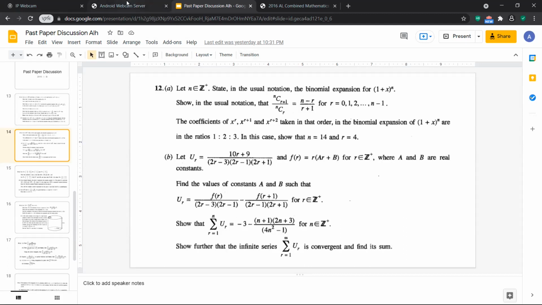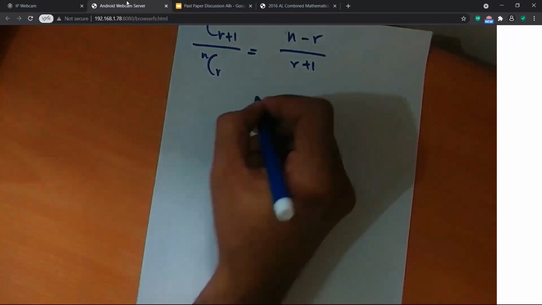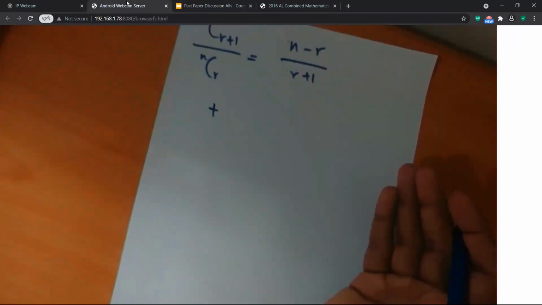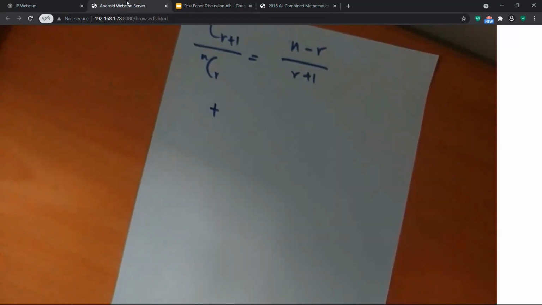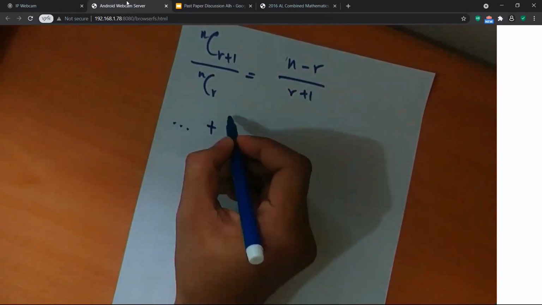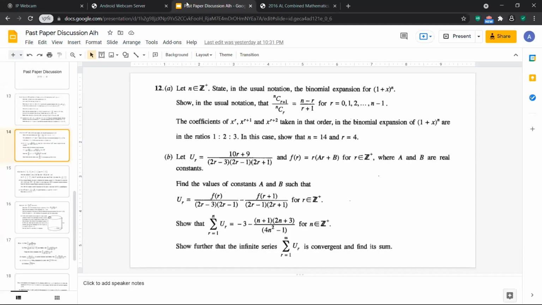As we said before, in the binomial expansion, we can write these terms in the form of nCr x to the power r, right? So what do we need? nCr x^r, x^(r+1), x^(r+2).